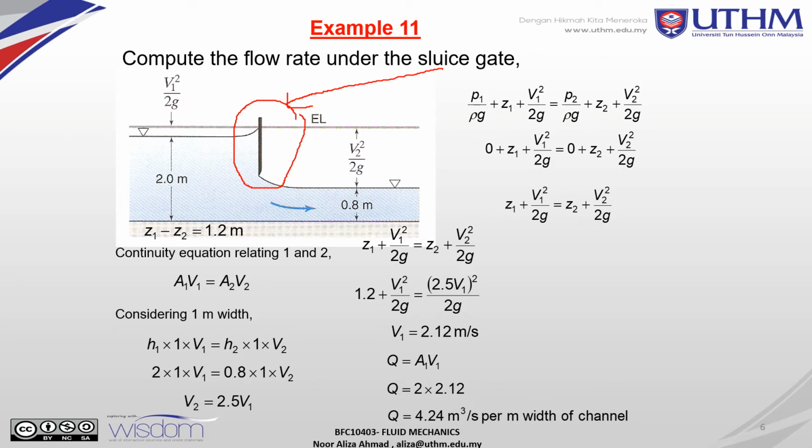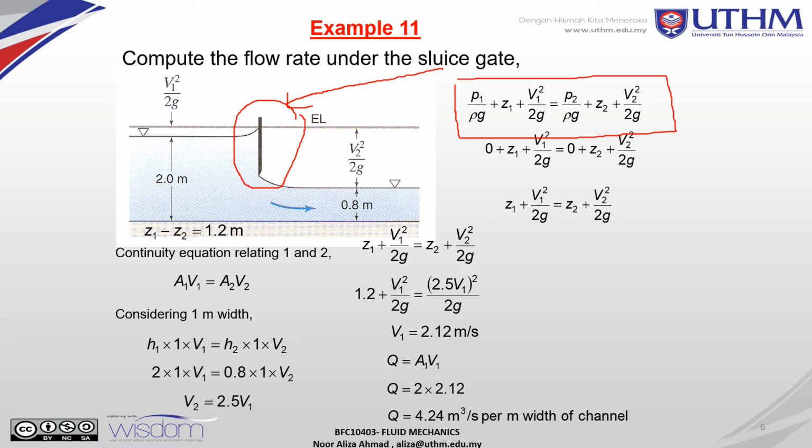So we use the Bernoulli equation at point P1, before the sluice gate, and P2 after the sluice gate. P1 over rho g plus Z1 plus V1 squared over 2g is equal to P2 over rho g plus Z2 plus V2 squared over 2g.